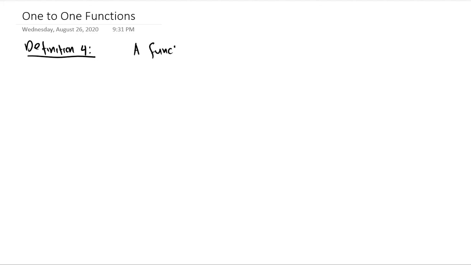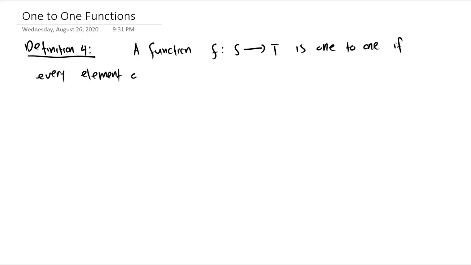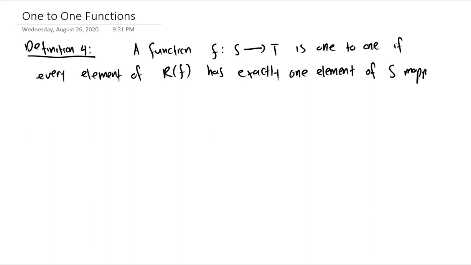A function f mapping a set S into a set T is one-to-one if every element of the range of f, so the elements of T that have something mapped to it by f, has exactly one element mapped to it. Okay, that's what it means for a function to be one-to-one.